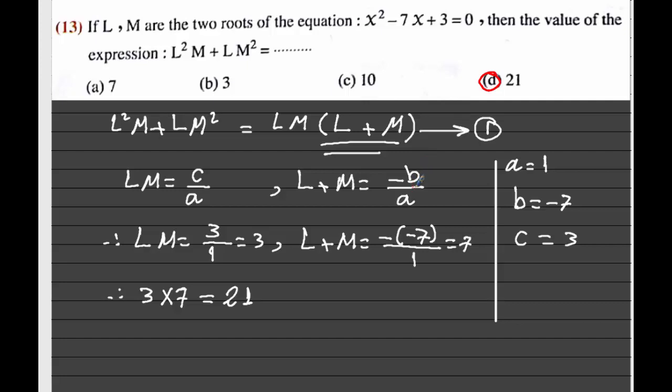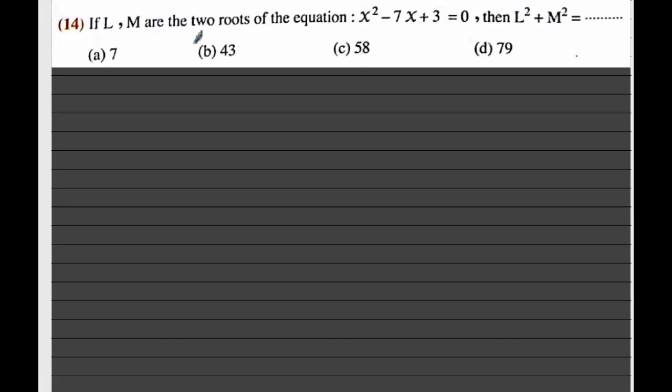Okay, here is the solution. Question 14. If L and M are the two roots of the equation x squared minus 7x plus 3 equals 0, then L squared plus M squared equals 7, 43, 58, or 79.